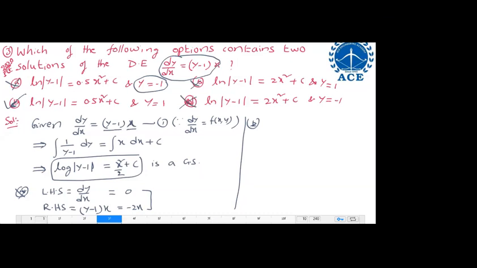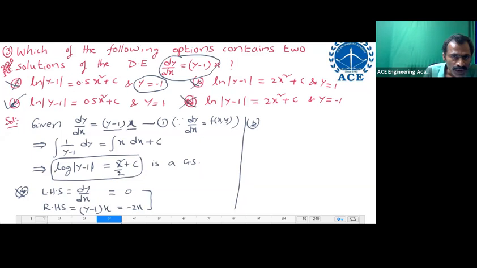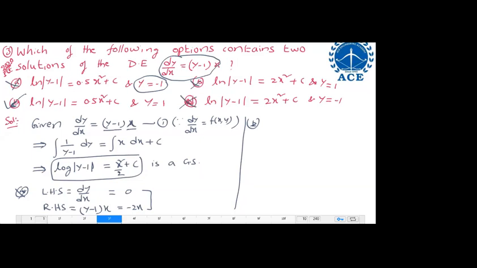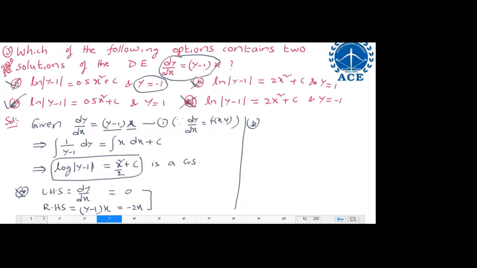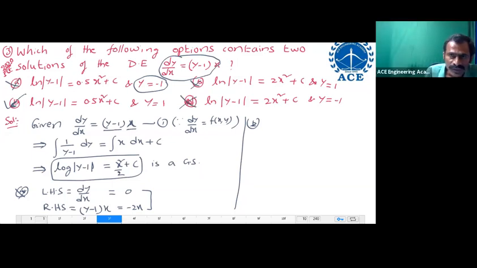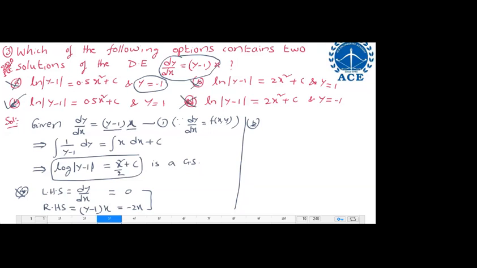Sir, good afternoon, sir. Good afternoon. Sir, I have a doubt in yesterday's problem. Which problem? Sir, the first problem of variable separable. Okay. What is your doubt? Sir, in that problem, you have taken the integration of 1 upon under root a square plus x square as sine inverse hyperbolic y.